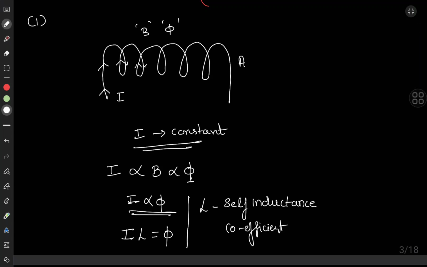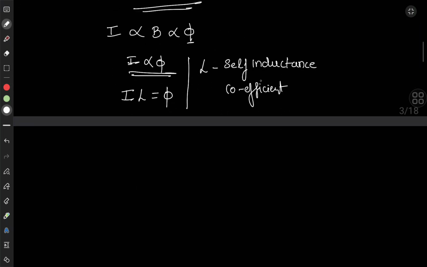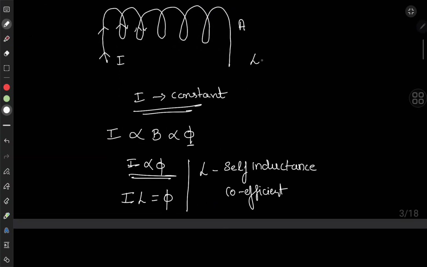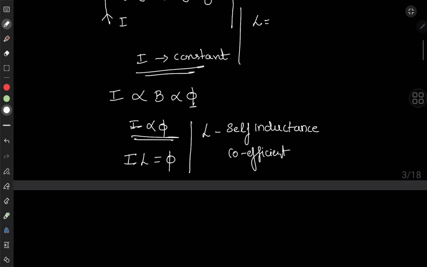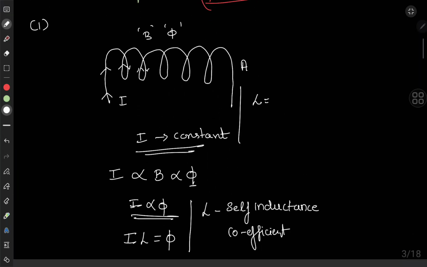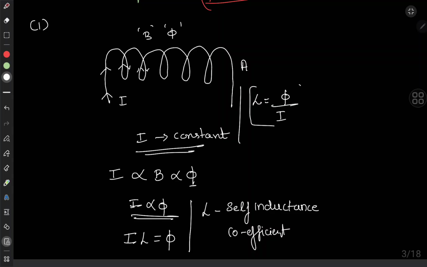Now we can write L is equal to phi divided by I. This is going to be the self-inductance coefficient. Very important, this is a constant.